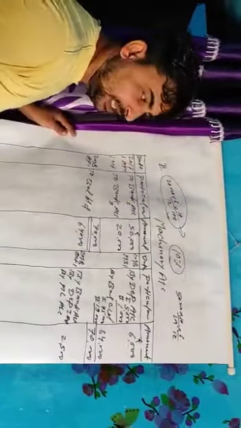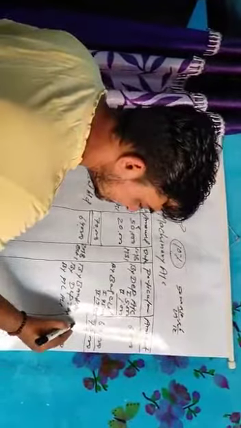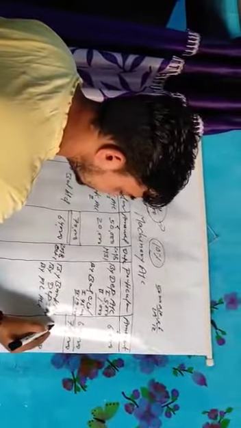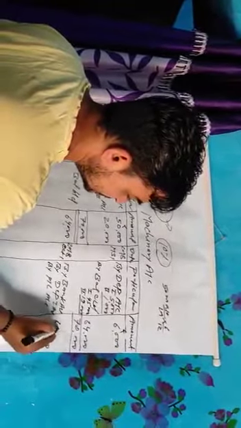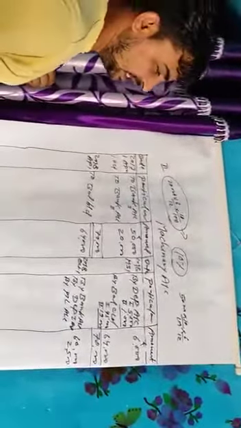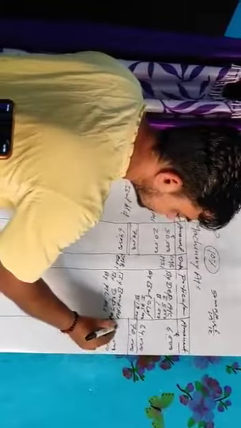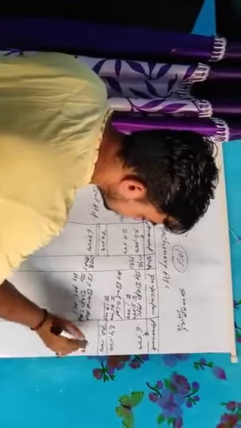Clear? And suppose you have sold it at rupees 60,000. Suppose you have sold it at rupees 60, not 50,000, 40,000.